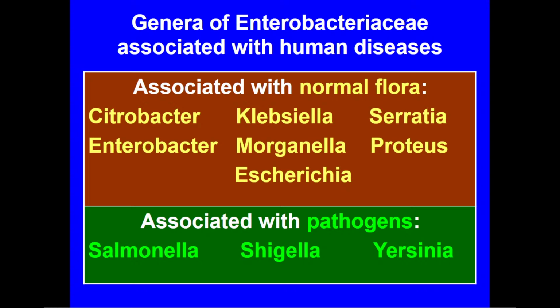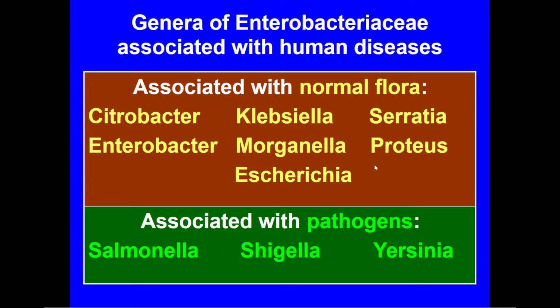That's a very difficult question because quite a lot of them may live in our body as normal flora. And if you take a look at the names, Citrobacter, Morganella, Escherichia, Proteus, Serratia, Klebsiella, they are normal flora.